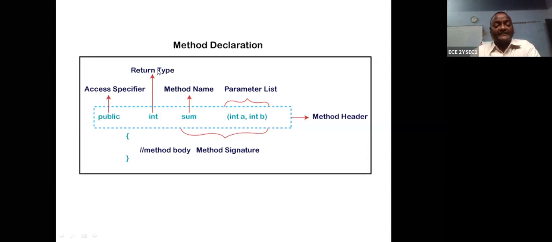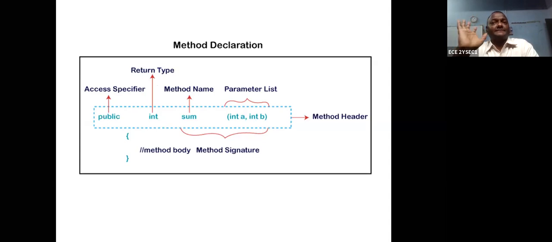Next is the return type. The subprogram can perform a function and it can return a value. Sometimes it may not return a value, sometimes it may. According to the returning of the value, there are two types of methods. One is a return method, which returns some data.